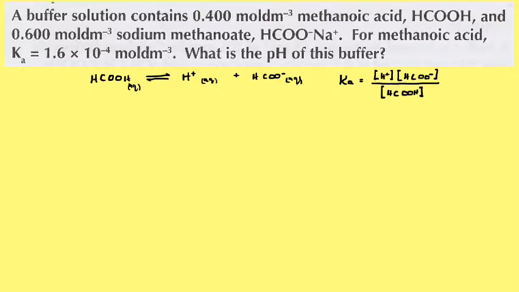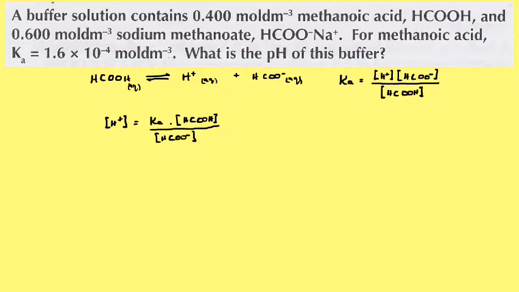the acid dissociation constant equation, because what we're really after is the hydrogen ion concentration. So let's multiply both sides by the acid concentration, and then divide both sides by the methanoate ion concentration, and what we'll end up with is the hydrogen ion concentration equal to the dissociation constant times the acid concentration, all divided by the methanoate ion concentration.